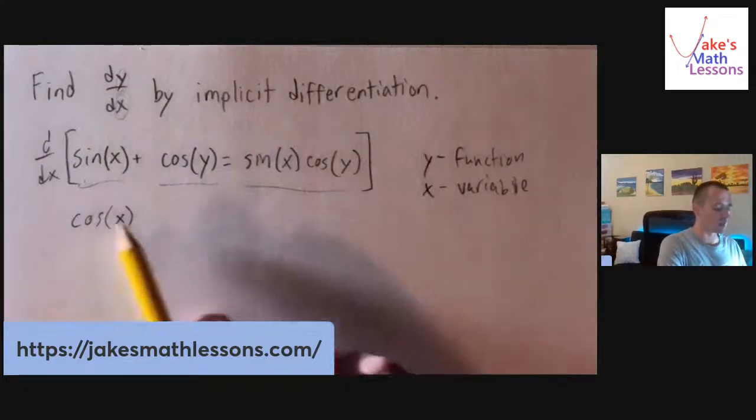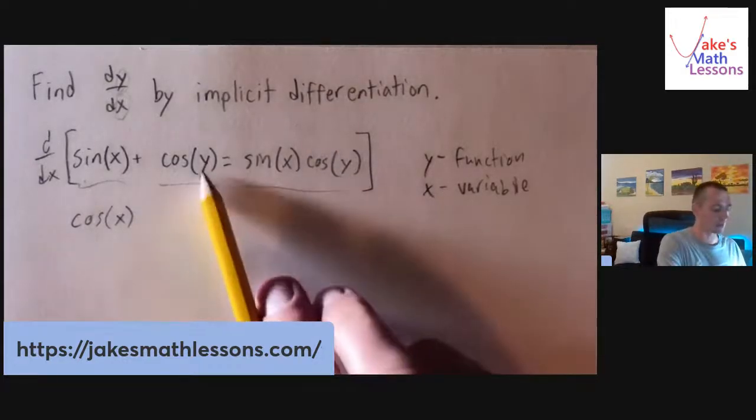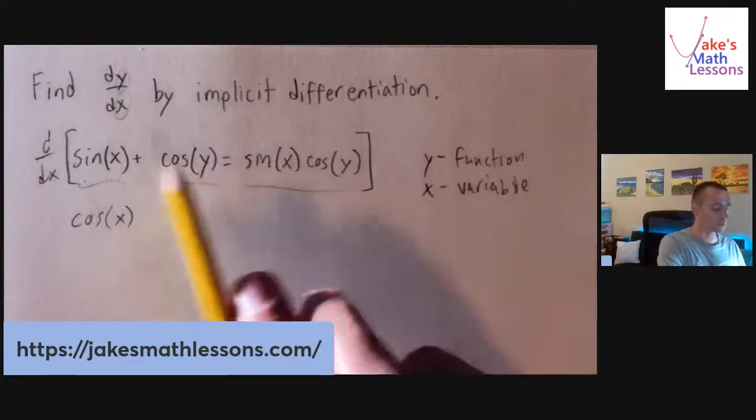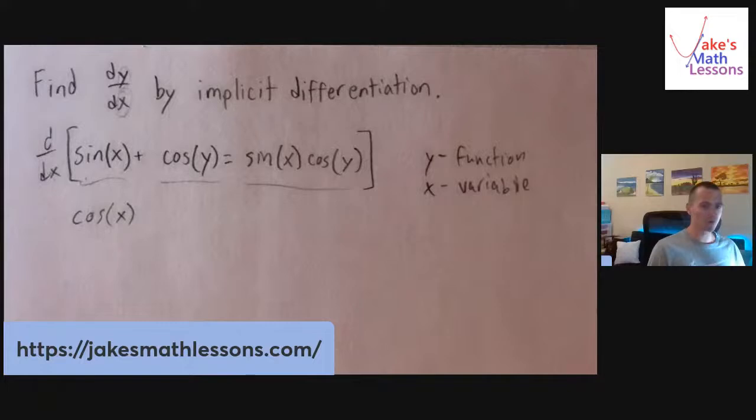Okay, so then this next term here, cosine of y, we are going to have to do something a little bit different for that one because it has a y in it, which is, like I said before, our function. When we're finding the derivative of that function, we don't know what y is in terms of x, we just know that it is some function of x.